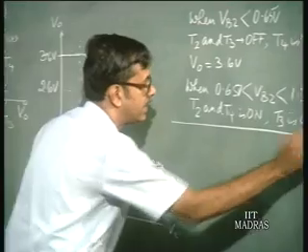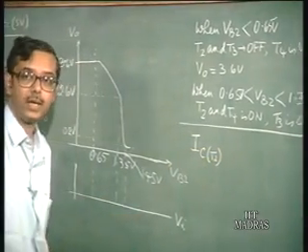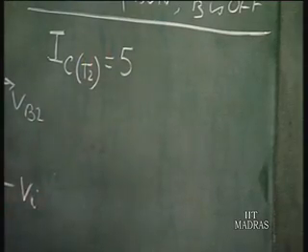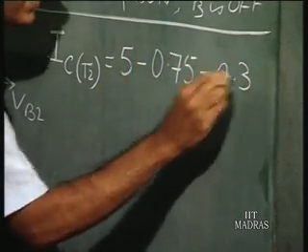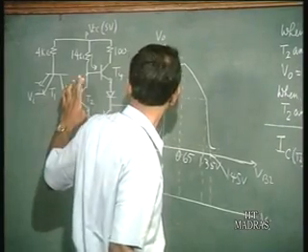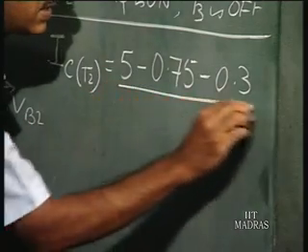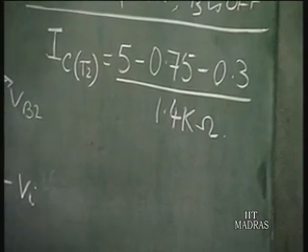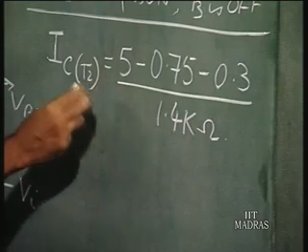if you want to calculate the collector current of T2, IC of T2, under that condition, then IC of T2 we can write is equal to 5 minus 0.75 minus 0.3. 0.75 is the voltage at the base of T2 and 0.3 is the drop across T2. So that is the drop across the 1.4 kilo ohm resistance. This is the collector current of T2.